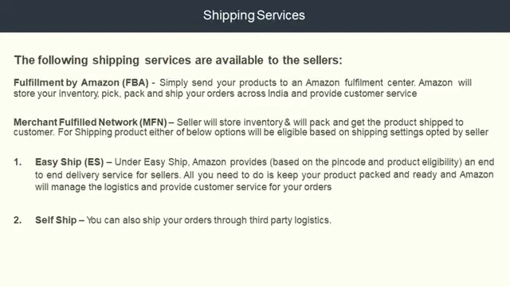However, if the seller has not opted for Easy Ship or the buyer's pin code is not serviceable by the Easy Ship team, then the seller will have to pack the order and courier it via any courier partner of his own choosing, which can be FedEx, Blue Dart, DTDC or India Post, according to his preference.